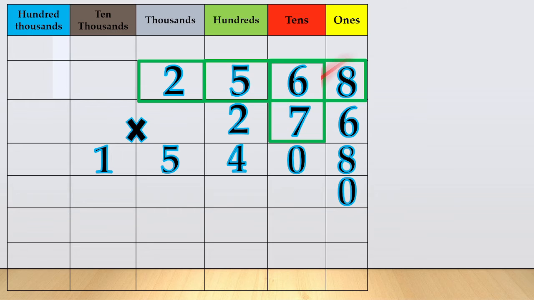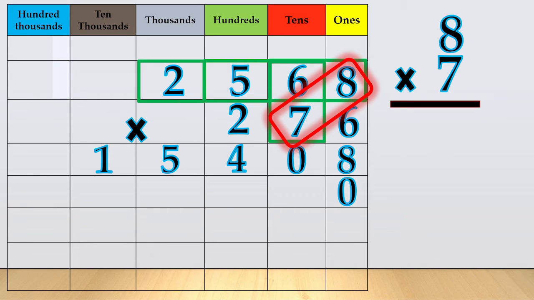Now, multiply 8 times 7. 8 times 7 is equal to 56. So, we need to regroup. 5 will be carried over in the tens place column above 6 and 6 under the tens column.